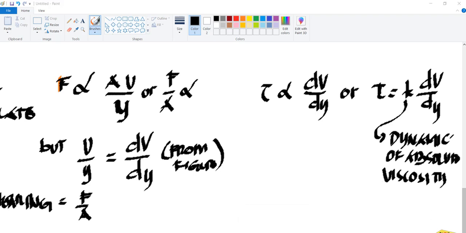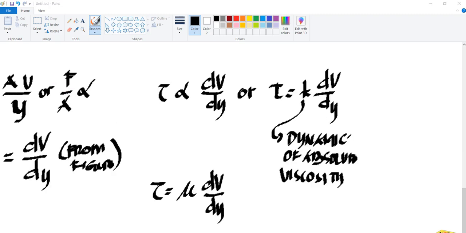And we can rewrite the relationship: our shearing stress will be equal to your absolute dynamic viscosity times the change in velocity over the change in displacement. Then finally we can rewrite the equation for your absolute dynamic viscosity: it will be your shearing stress divided by the change in velocity divided by the change in displacement.